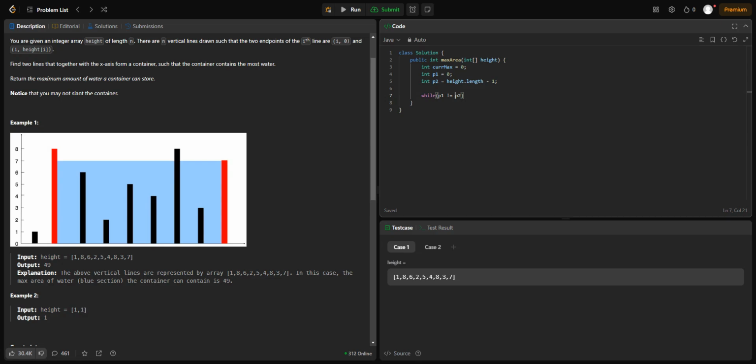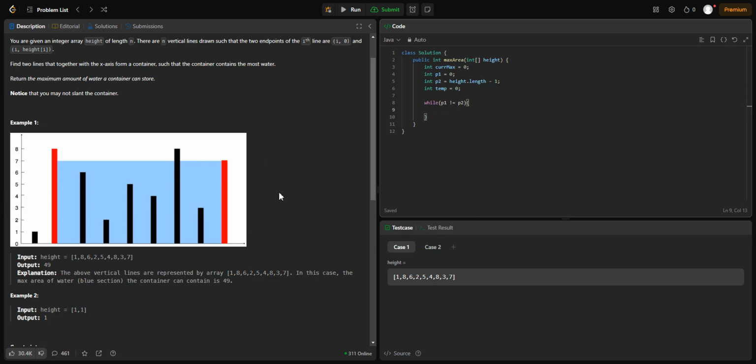Yeah, sure, why not? And we'll have int temp, and we're actually going to create temp out here, because we need to figure out which one of these is the smaller.